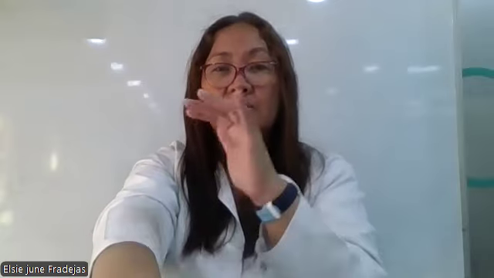The last is the hands. You have to wash them directly in the water. Then pat and dry. So again, wash, rinse, and dry. The same thing you will do on the other arm.